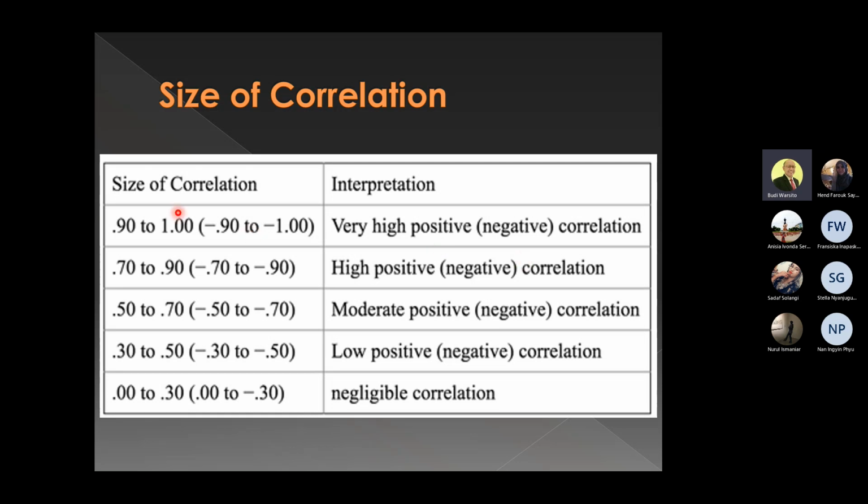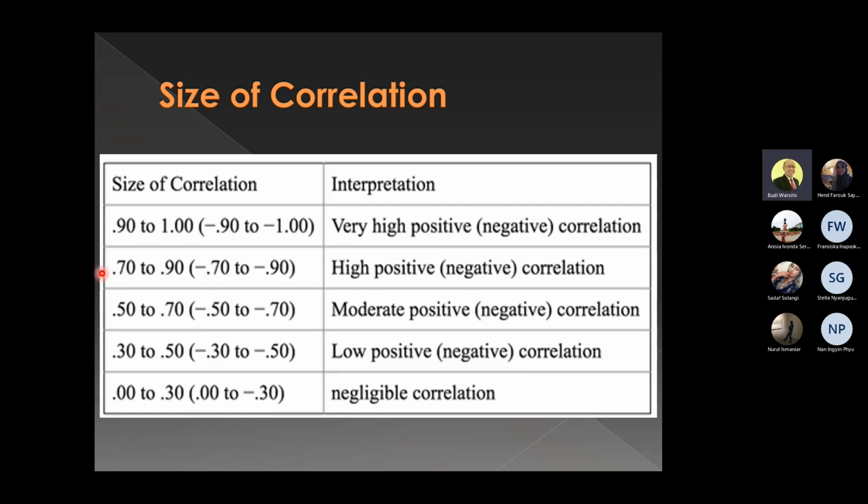When the correlation coefficient is between 0.9 and 1, negative or positive, we can interpret that there is a very high positive or negative correlation. Very high correlation.